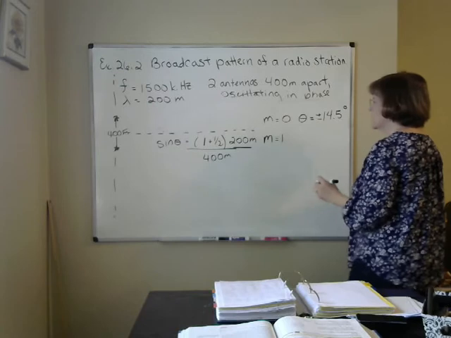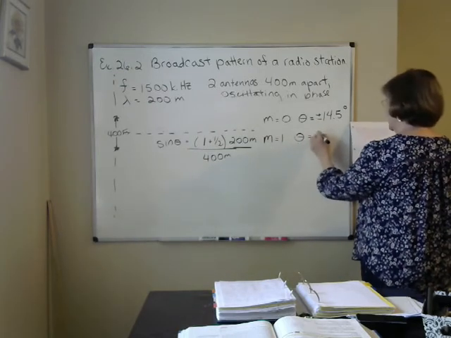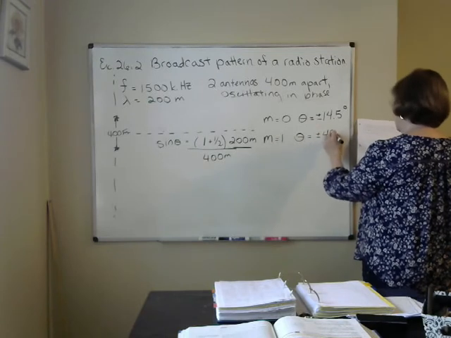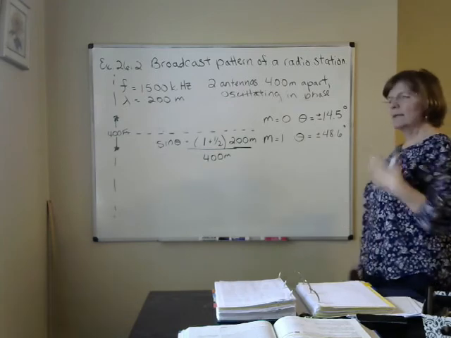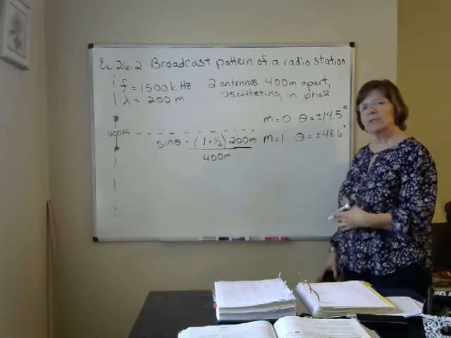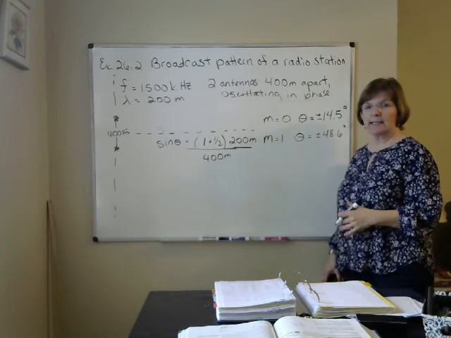The sine inverse of 3/4 gives me theta equals plus or minus 48.6 degrees. If I try to do another one, I get a number greater than 1. I can't do a sine inverse greater than 1. So you've reached the point where it doesn't make any sense anymore.